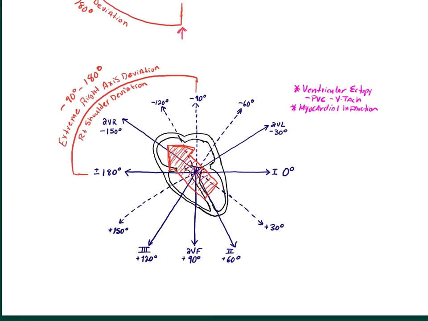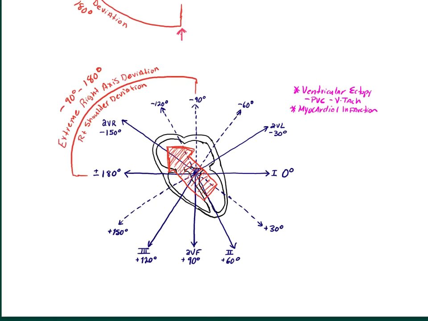Let's now talk about extreme right axis deviation. Extreme right axis deviation goes between 180 down here up to -90.